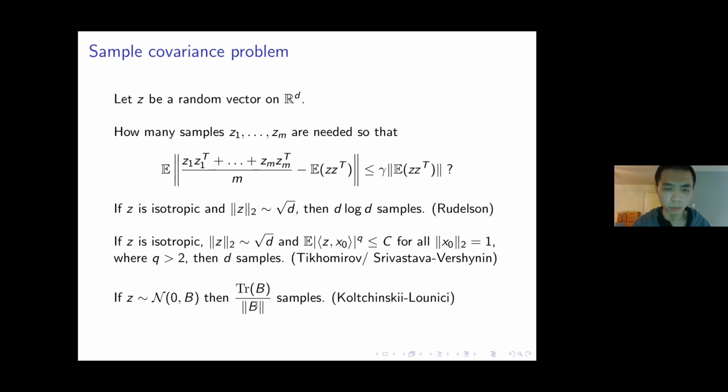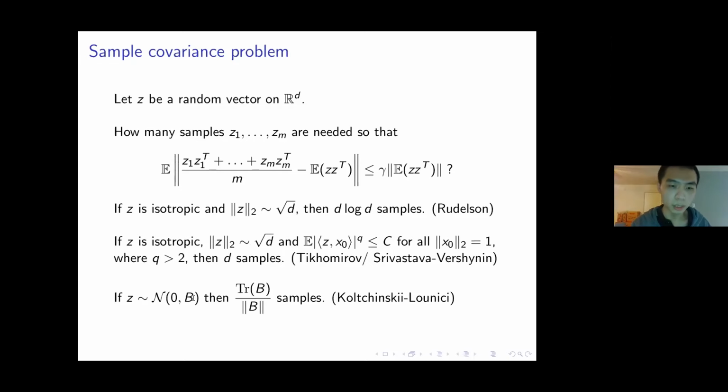Of course, we multiply by a constant depending on how accurate we want, but that's the order. So the effective rank is the number of samples needed to get an accurate estimation of the true covariance matrix. That's for the non-isotropic Gaussian. All right, so what about the mixed Gaussian that I talked about before?